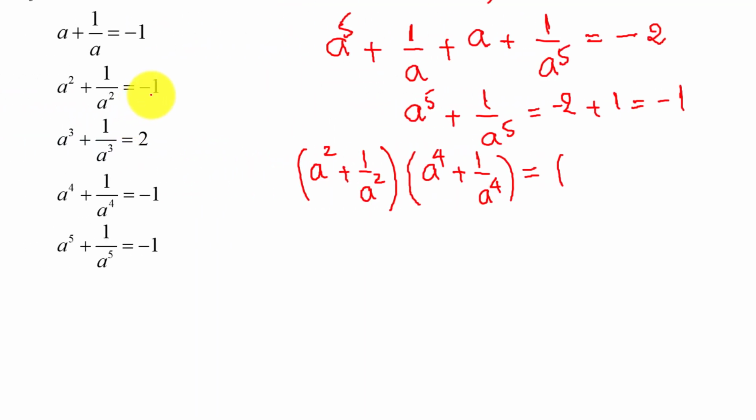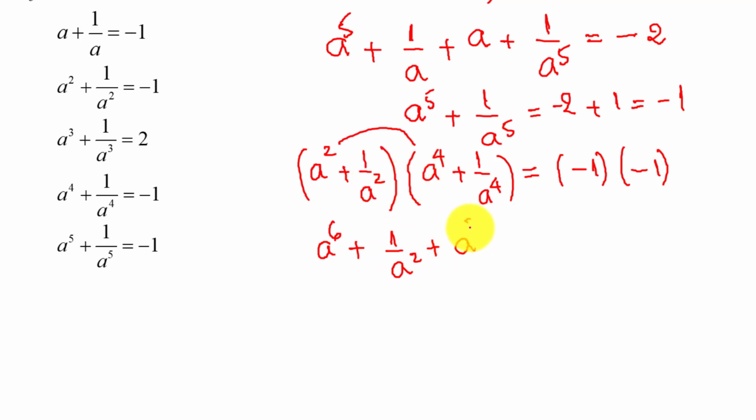We have a⁴ + 1/a⁴ equals minus 1, and multiplying this, it equals minus 1. Multiplying it out, we get a⁶ plus 1/a² plus a² plus 1/a⁶ equals 1.